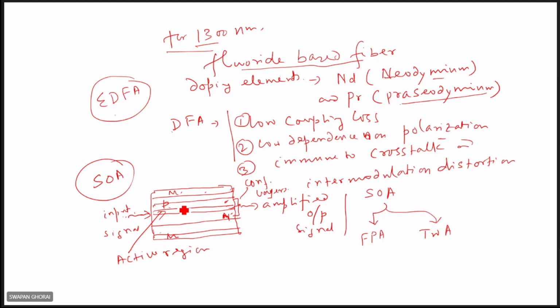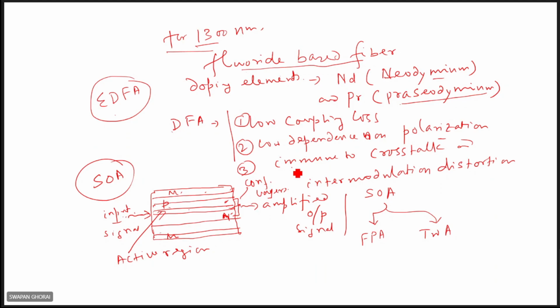Then when there is a transition from higher energy to lower energy, there will be emission of photons, which will be the same as the incident photons. So ultimately, the input signal will be amplified. That is the principle of semiconductor optical amplifiers.